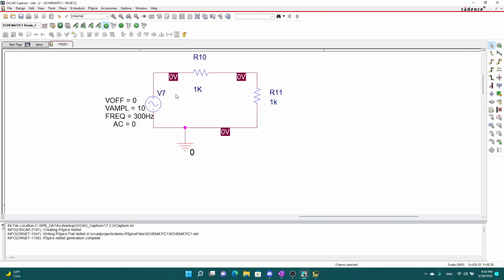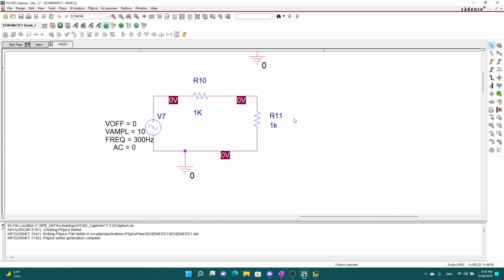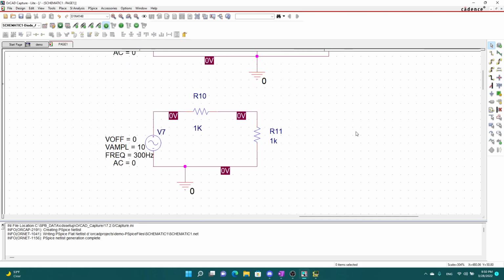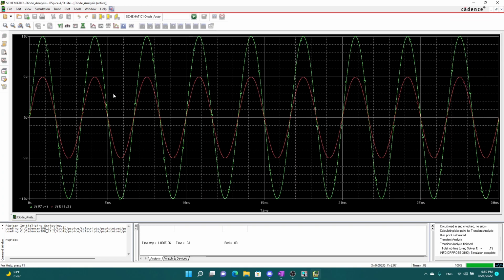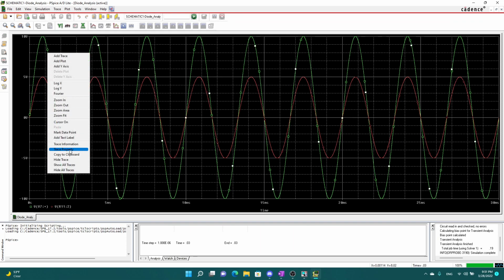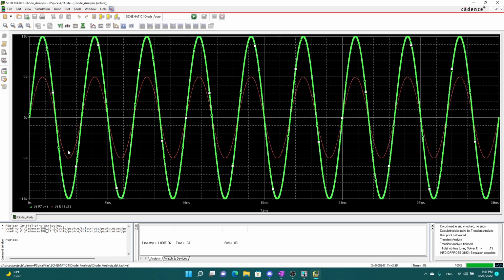So then we can only work with a resistive divider in this situation. And because of that, let's see what happens with the input and the output across our voltage divider circuit. It's something like this. With green we have the input, and with red we have the output.